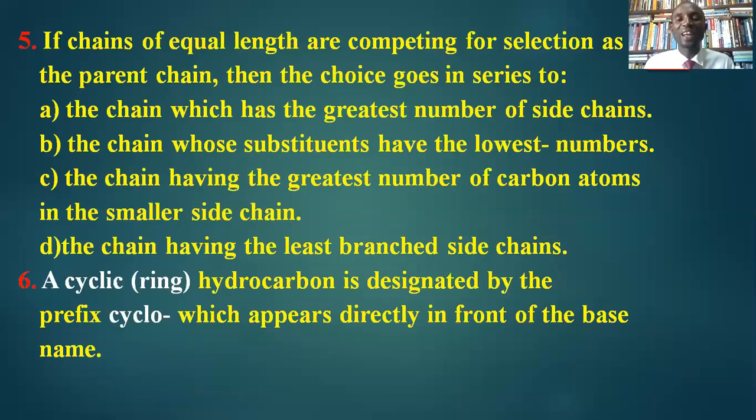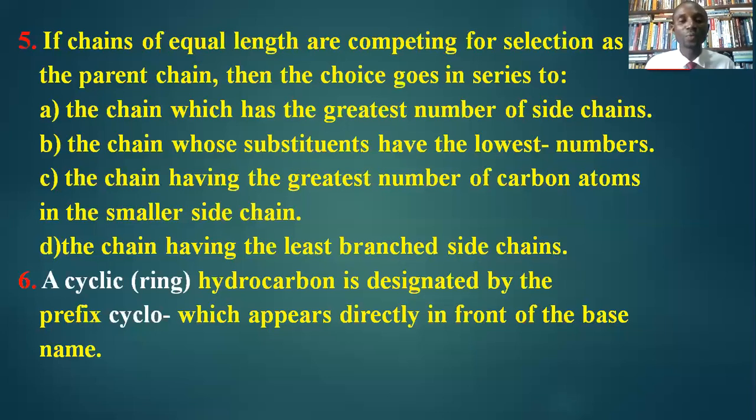chains of equal length are competing for selection as the parent chain, then the choice goes in series like this. The chain which has the greatest number of side chains should be taken.